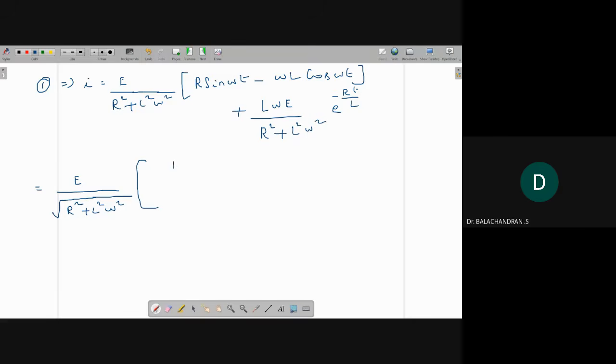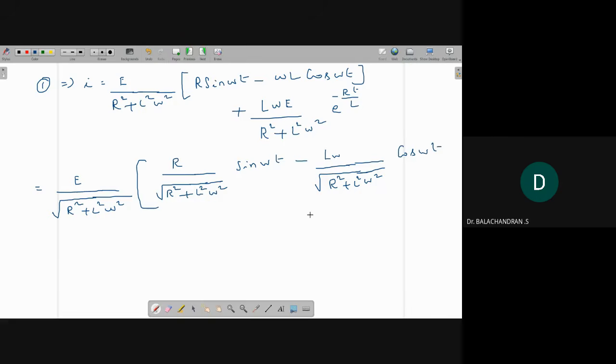Okay, so R by root of R square plus L square omega square into sin omega t, minus L omega by root of R square plus L square omega square into cos omega t.